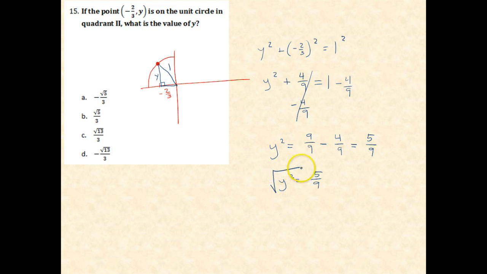When I take the square root, you get y equals plus or minus square root of 5 over 3. So do we want the positive square root of 5 over 3 or the negative square root of 5 over 3? Well, since it's in quadrant 2, we want it to go up, so our y value has to be positive. So we're going to do positive square root of 5 over 3.